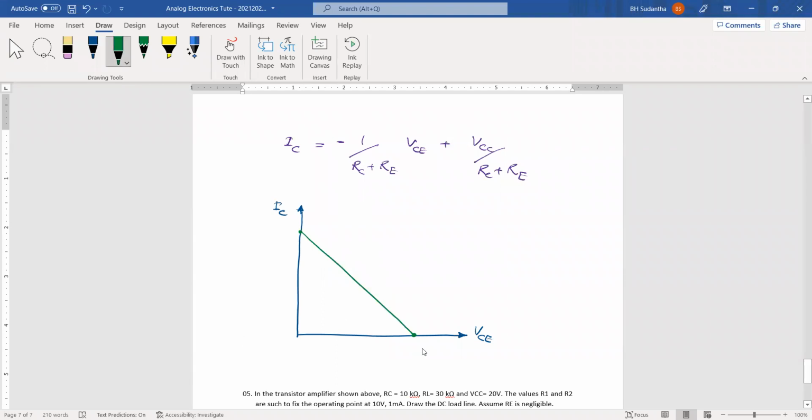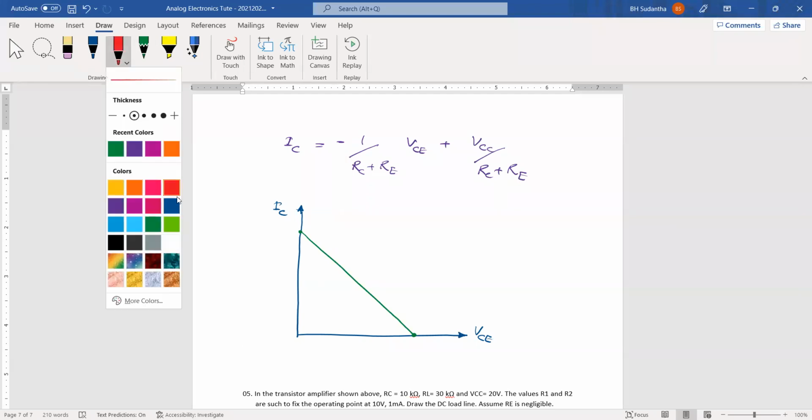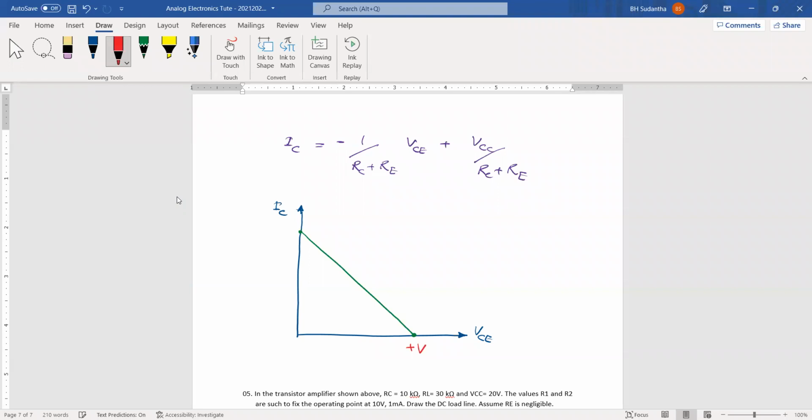We have to find this maximum voltage on the VCE axis; you have to mark this one. This happens when IC is 0. Then definitely this is the maximum value we can find. This is plus VCC, because the circuit cannot go beyond that.